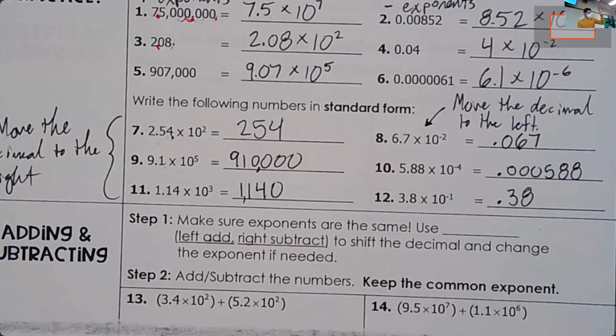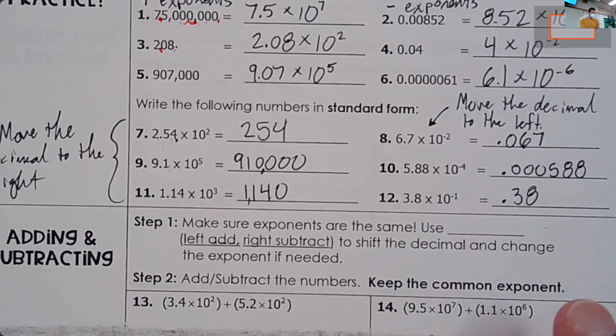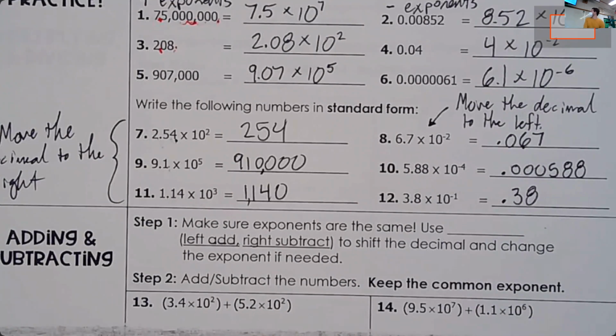I'm going to put variable in quotes because we don't have variables here, but we do have 10 and 10. And then we also have to have the same exponent. So we're looking for like terms here. And in order for them to be like terms, it has to be times 10 to the same exponent on both numbers, which works on number 13. It does not work on number 14 because we have 10 to the 7th here and 10 to the 6th here. So there are some adjustments that are going to be made here.